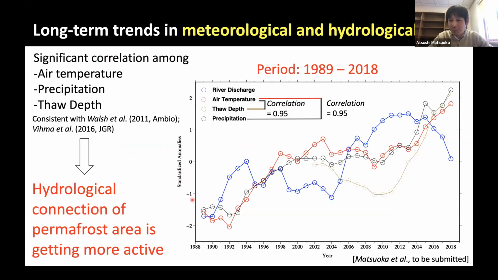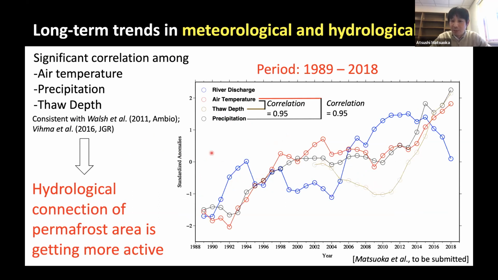To confirm, we also analyzed the long-term meteorological and hydrological data, including river discharge in blue, air temperature in red, thaw depths in brown, and precipitation in gray.